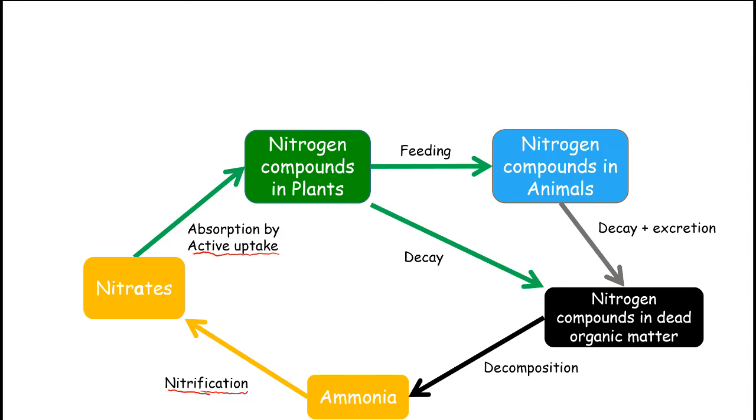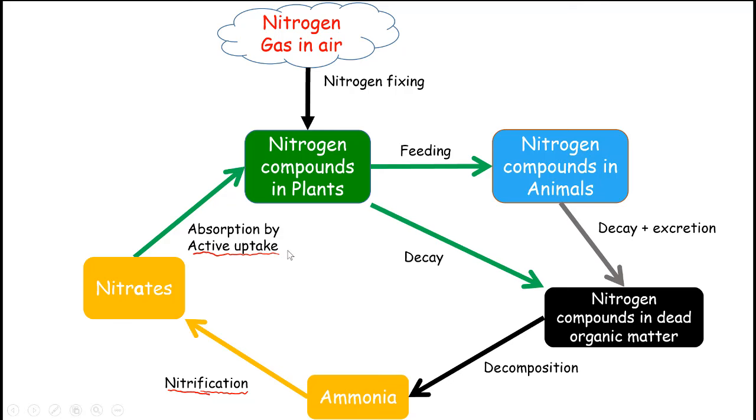There's two other little processes that can take place here. There's nitrogen gas in the air. Remember, around 78% of the air is made up of nitrogen. So this nitrogen can get converted into nitrates, which the plants can then absorb and produce their own nitrogen compounds in plants.